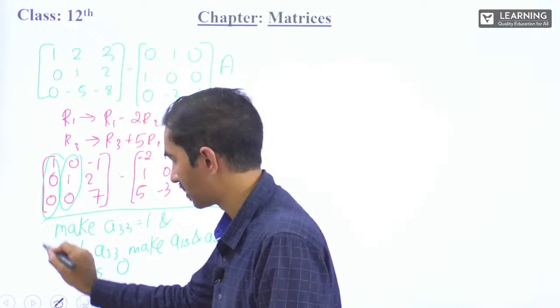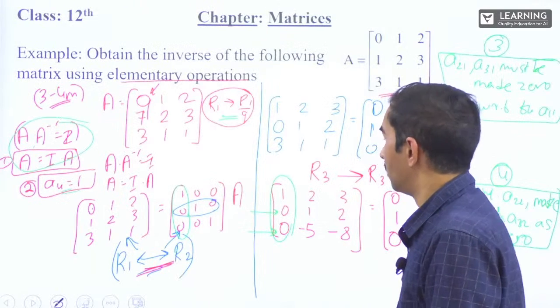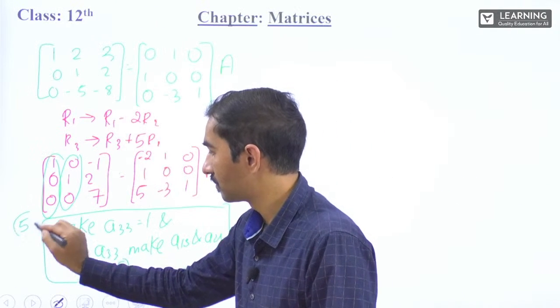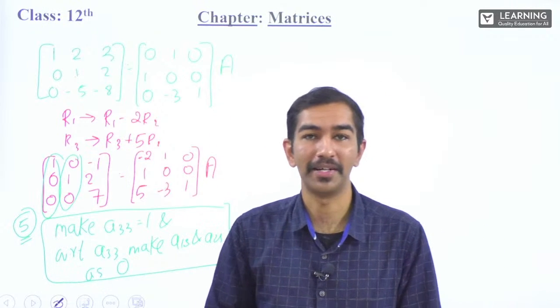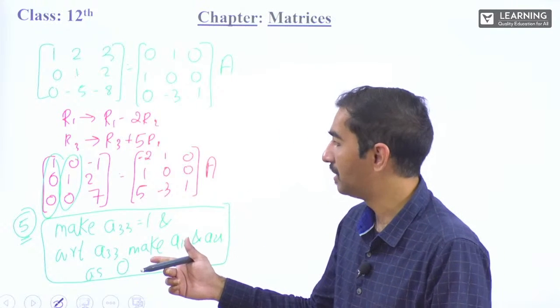This is your last step. So which step would be this? So this would be step number 5. That's all. If you follow these 5 steps for any given matrix to find out the inverse, you can easily find out the inverse of the matrix by using elementary row operations.